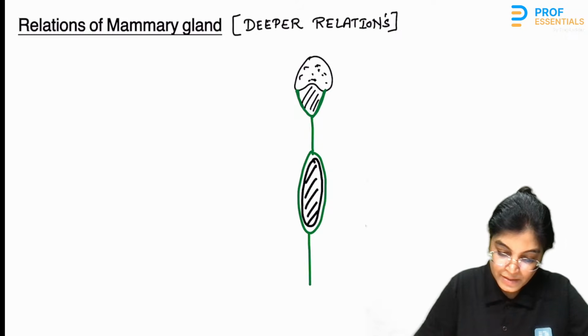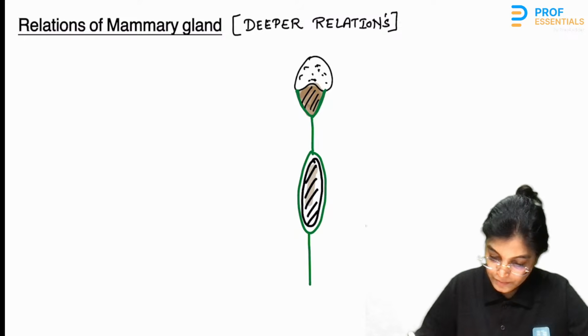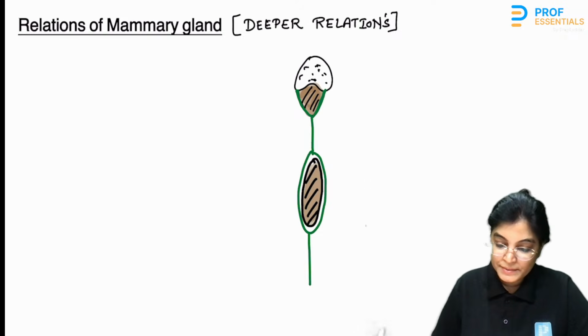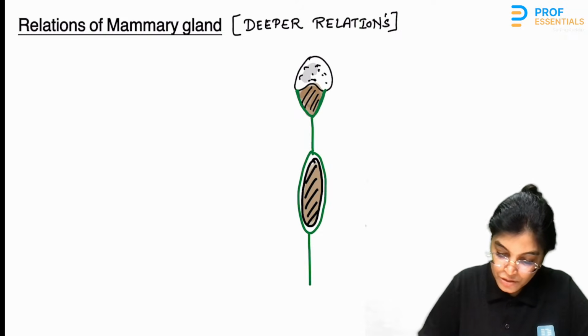Now let us shade the muscles with brown color. So the upper muscle will be subclavius and the lower muscle will be pectoralis minor. And this will be the cut section of the clavicle.